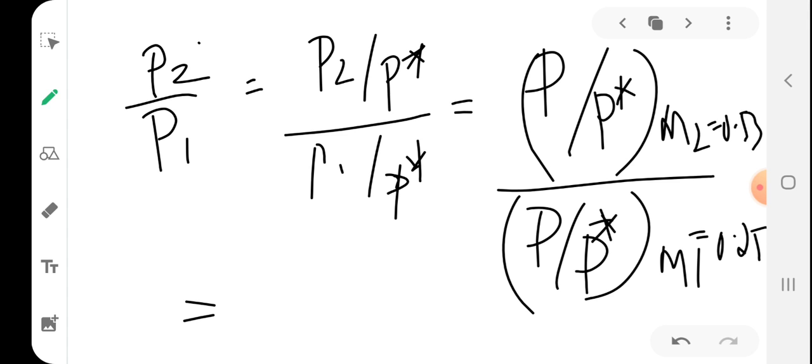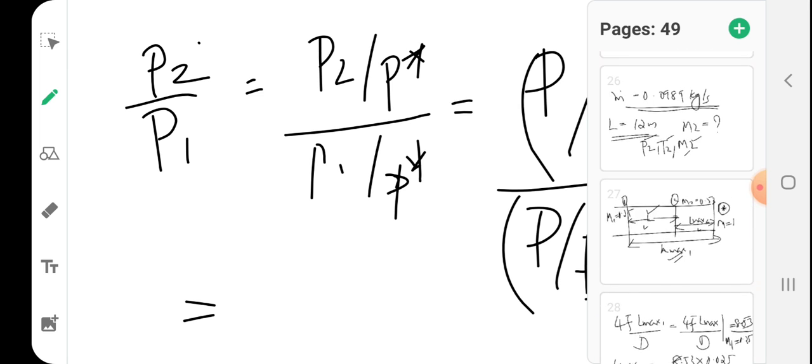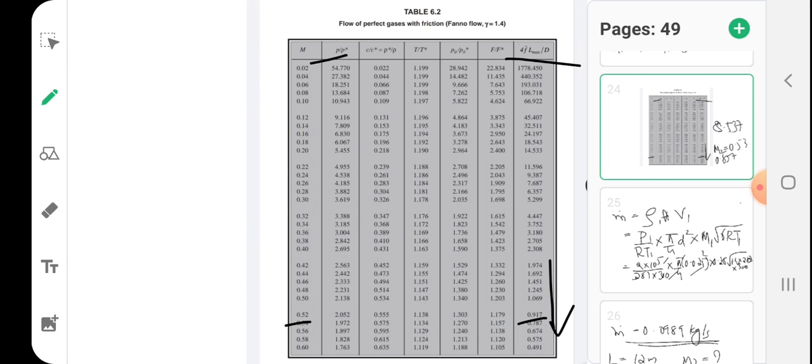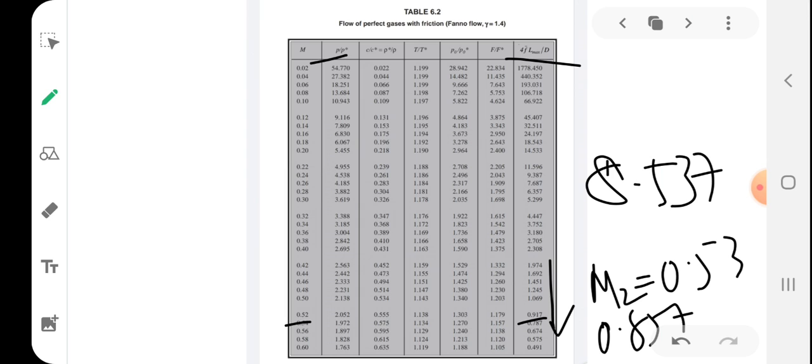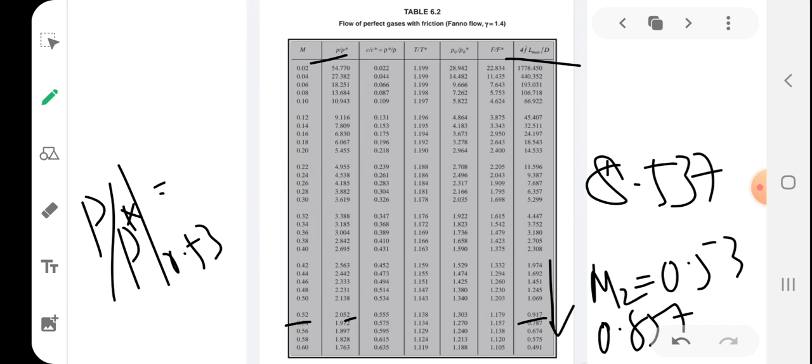So from the table, P by P star corresponding to 0.53 is around 2.01, take it as 2.01.